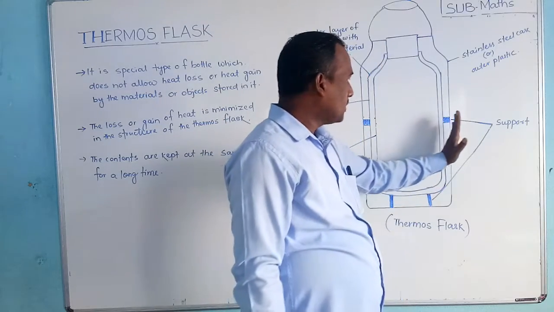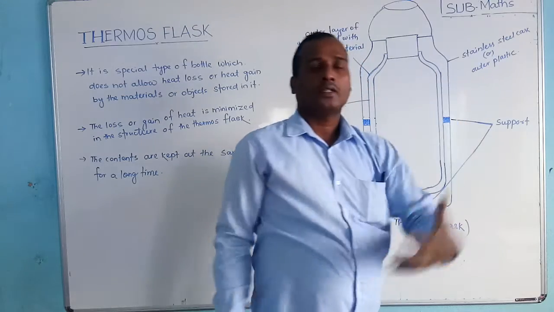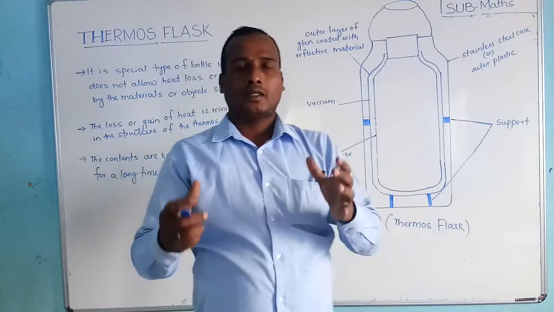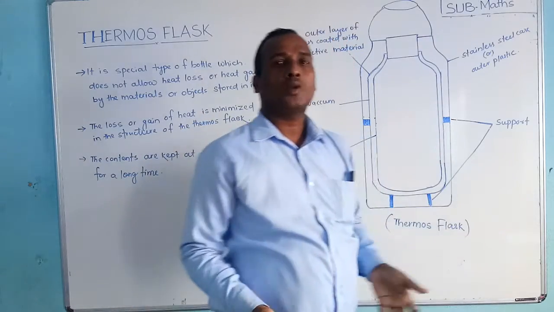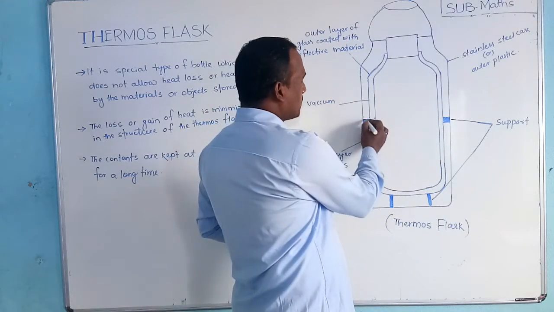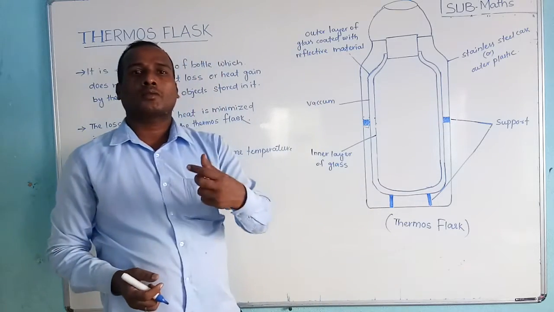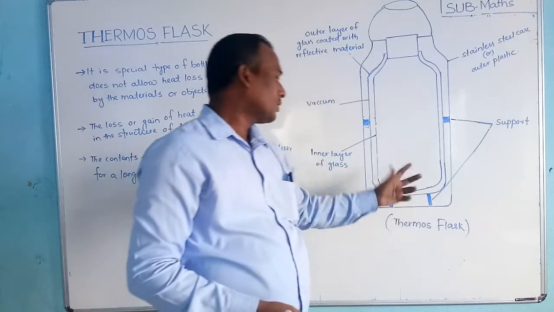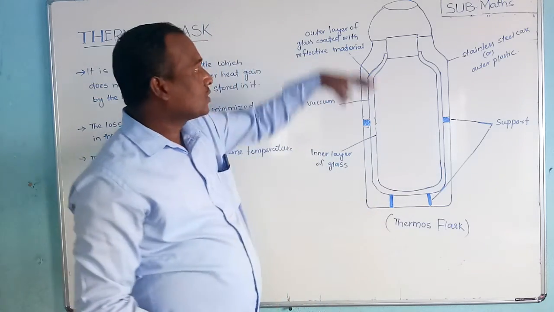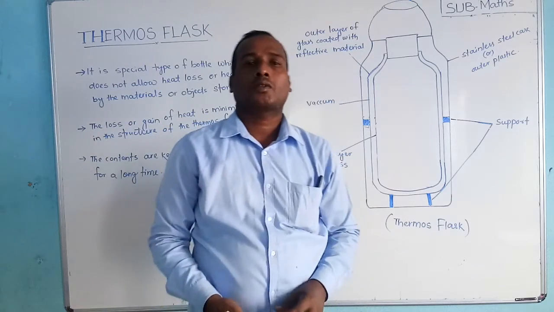This layer supports the glass body of the thermoflask so that it is fixed and does not move here and there, otherwise it will break. For supporting purposes they keep thermocol or cartons like that as a cover. And this is the cap of the thermoflask, at the upper part.